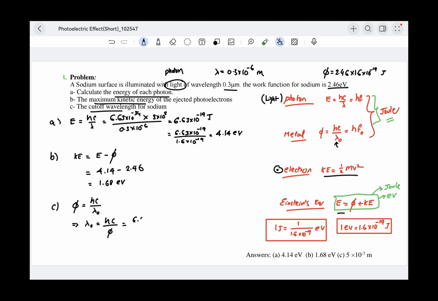So h is 6.63 times 10 to the power of minus 34, c is 3 times 10 to the power of 8, over the work function in joule, that is 2.46 times 1.6 into 10 to the power of minus 19. The answer is 5 times 10 to the power of minus 7 meters.